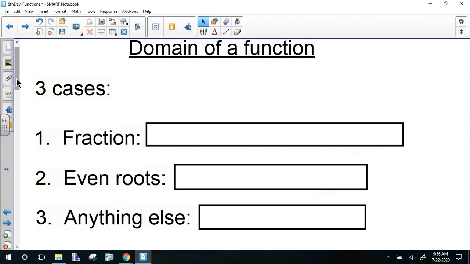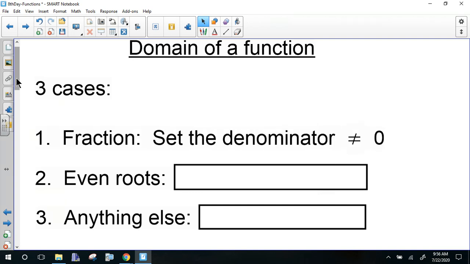We need to look at how to find the domain of a function. There's three cases you have to be aware of. One is when you have a fraction. When we have a fraction, we want to set the denominator not equal to 0. Even roots, that's the square root, a fourth root, a sixth root.